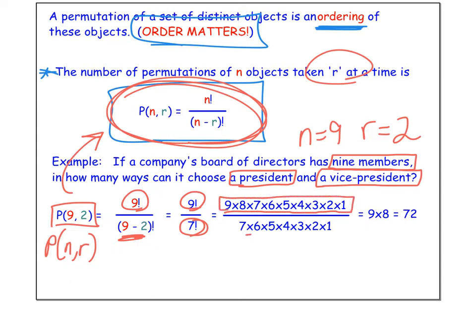And then on the bottom, 7 factorial: 7 times 6 times 5 times 4. What you will find out is that the 7 factorial, the entire thing in the denominator, will cancel off. And you will be left with 9 times 8. There are 72 different ways to choose a president and a vice president from a board of directors of 9 members.